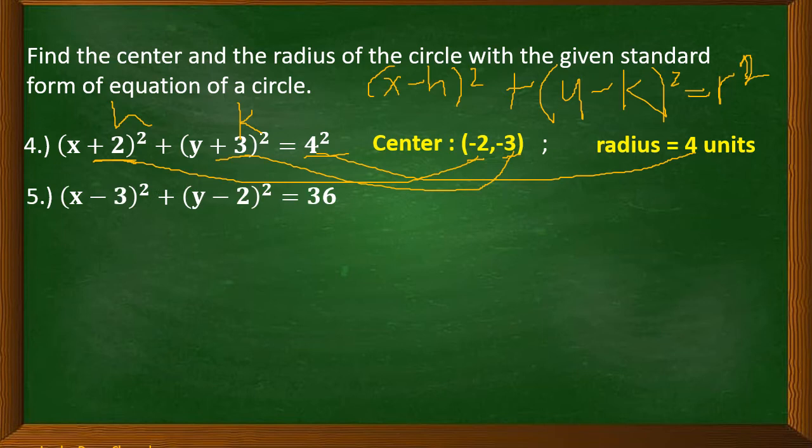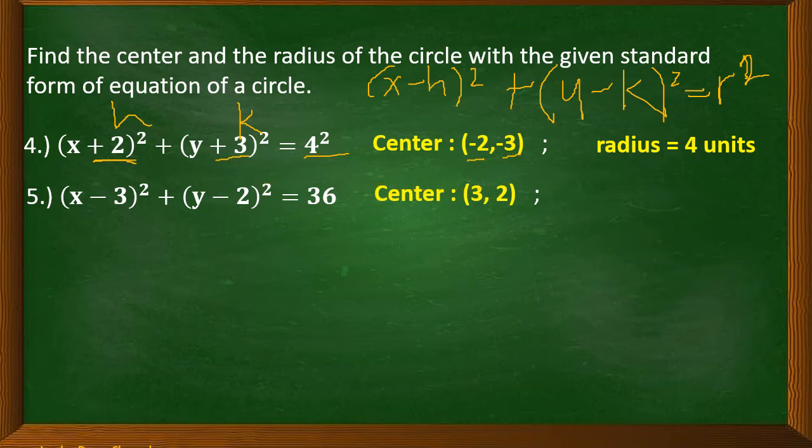Another example, quantity of x minus 3 squared plus quantity of y minus 2 squared is equal to 36. So we have to determine the center. Same with example number 1. Our center is 3 and 2.